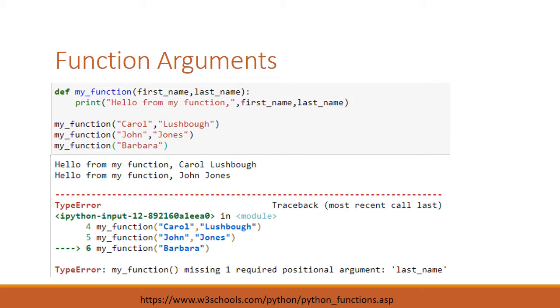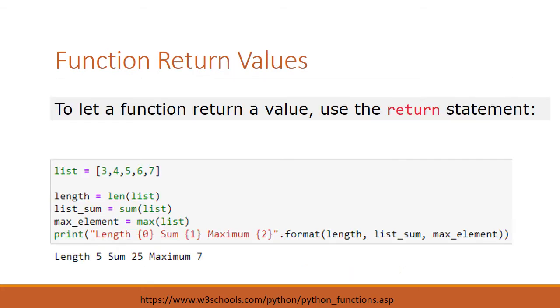The Python interpreter generates an error message, and the error message we get is that my function is missing 1 required positional argument: last name. This is a very clear error message saying that we called the function without including an argument to be passed into last name.